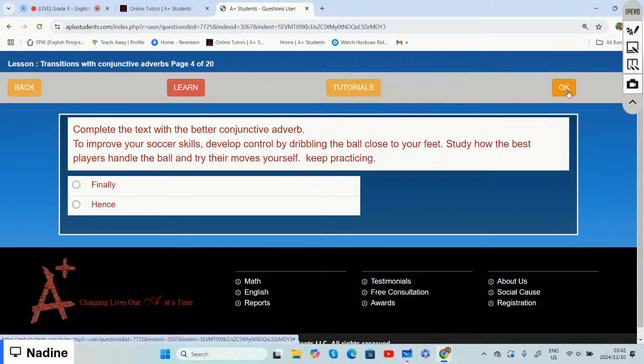The next one says to improve your soccer skills, develop control by dribbling the ball close to your feet. Study how the best players handle the ball, and try their moves yourself. Finally, keep practicing. So, do we say option one, finally keep practicing, or do we say option two, hence keep practicing?